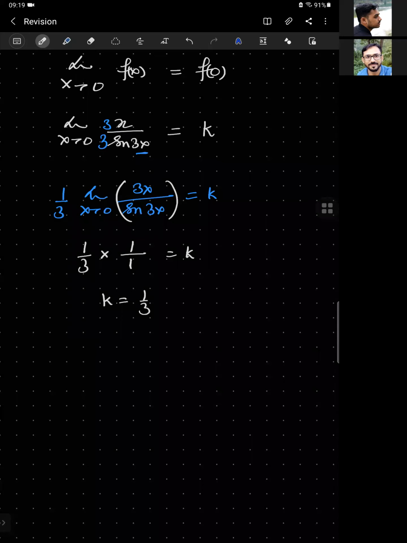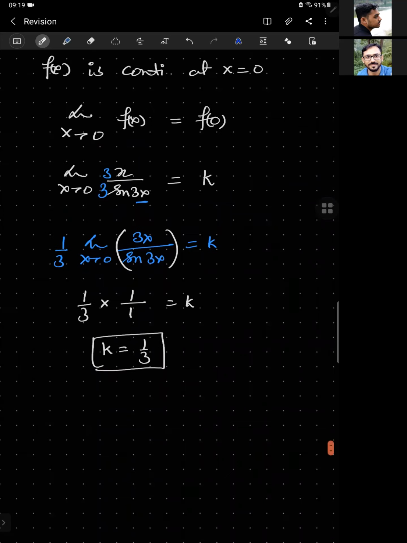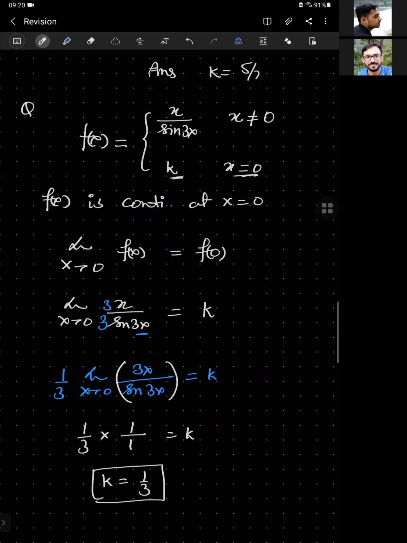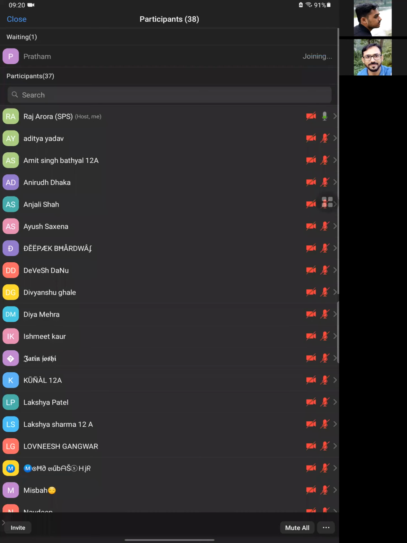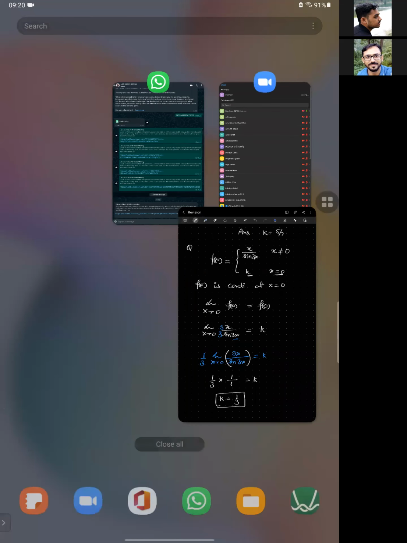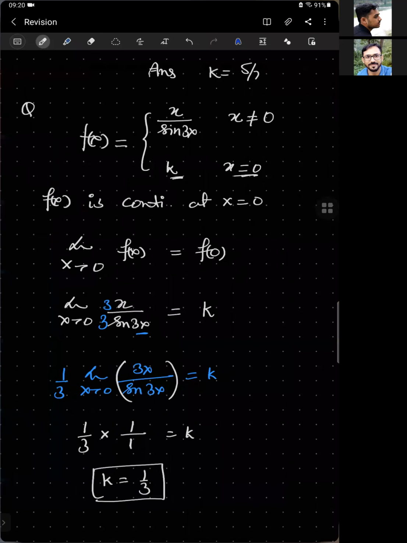So I think you are able to understand how to calculate the value of k. And keep in mind, if they are asking to check the continuity of the function, then to check the continuity, if the two are equal, then it is continuous, otherwise not.